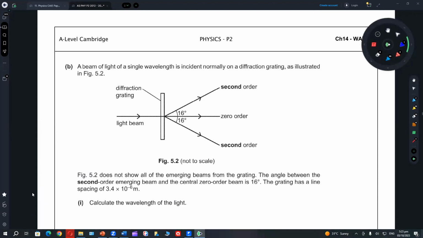A beam of light of a single wavelength is incident normally on a diffraction grating as illustrated. Figure 5.2 does not show all of the emerging beams from the grating. The angle between the second order emerging beam and the central zero order beam is 16 degrees.